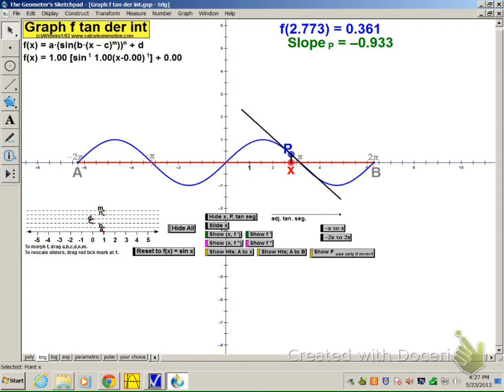But the key connection here between increasing and decreasing and the derivative is, as the y values are getting bigger, you should notice something about f prime. As the y values are getting smaller, what else do you notice about f prime? I'm going to let this slide so you can see it move. What I want you to notice is the connection between when f is increasing, there's something important about the derivative. When f is decreasing, there's also something else really important about the derivative.